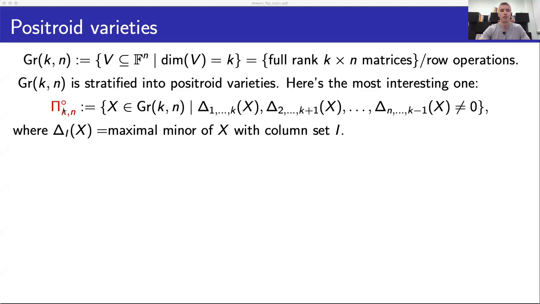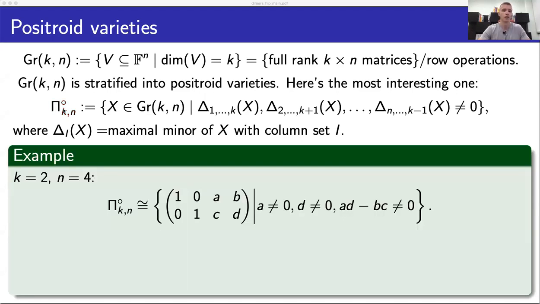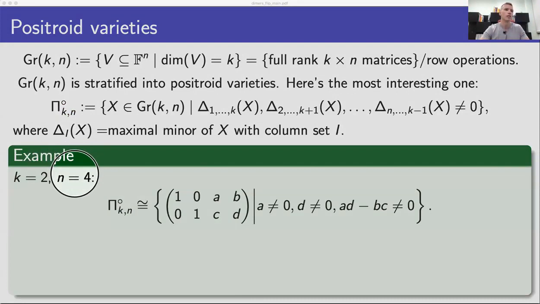Let me give you an example. Let's say I take two-dimensional planes in the four-dimensional space. Then, because my first minor is non-zero, I can apply the row operations uniquely so that the first k columns form an identity matrix. And then the rest of the entries are something arbitrary, but they have to satisfy these other conditions that these minors are non-zero.